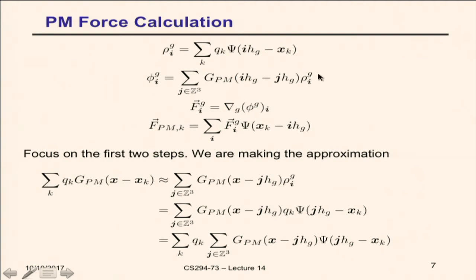Second step is that you now have charges on a grid. Because GPM is no longer singular, we can actually compute exactly the convolution on a grid of those charges with the particle mesh part of the Green's function. It's an exact calculation.